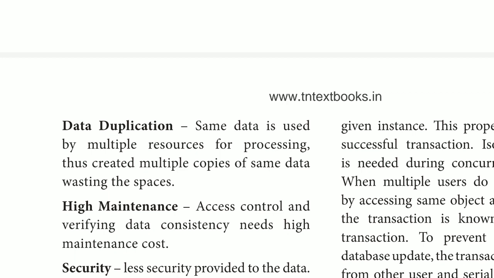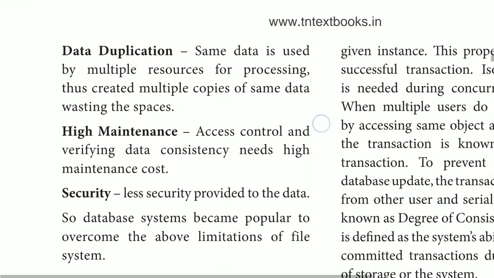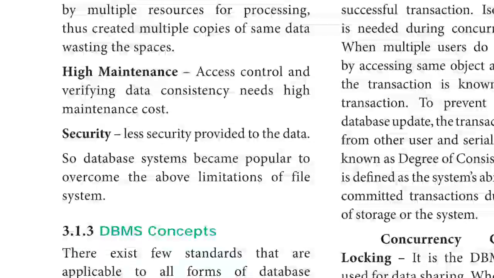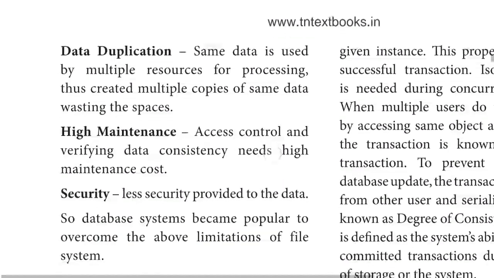High maintenance: accessing cost and verifying data consistency need high maintenance cost. Security: less security is provided to the data. So the database system became popular to overcome all the above limitations of the file system. These are all the disadvantages of using file systems and punch cards.